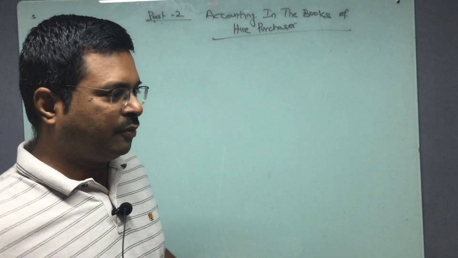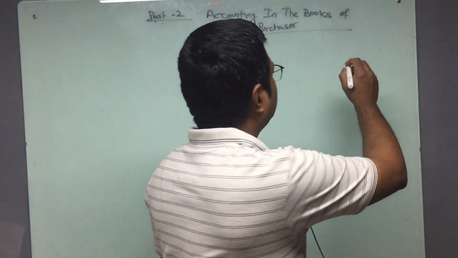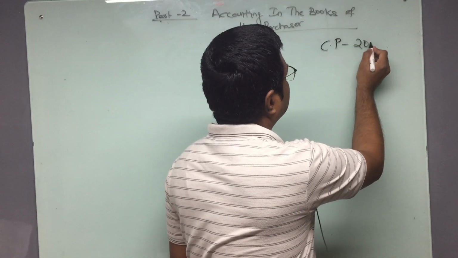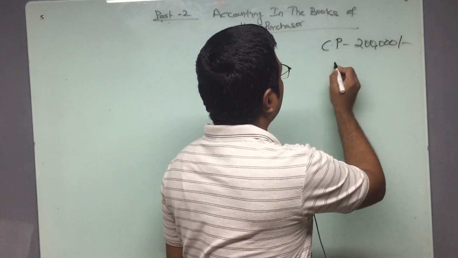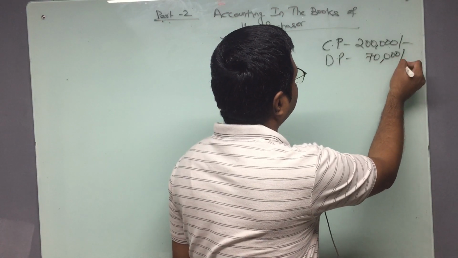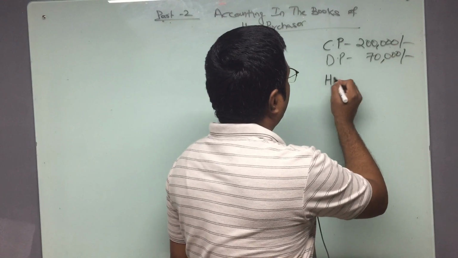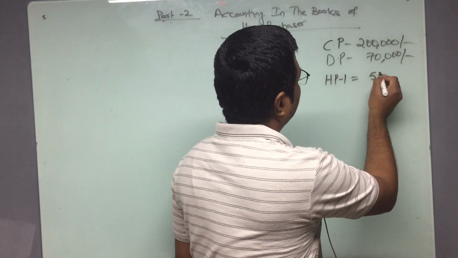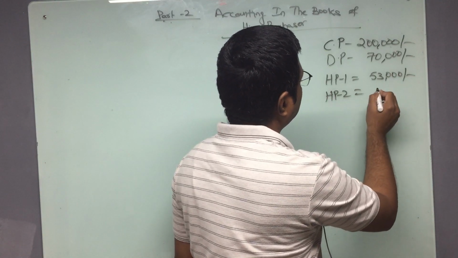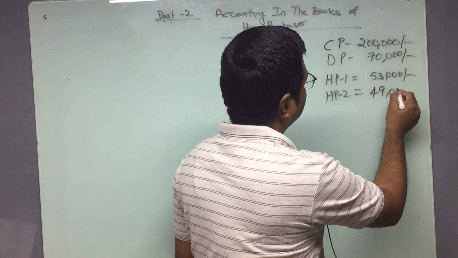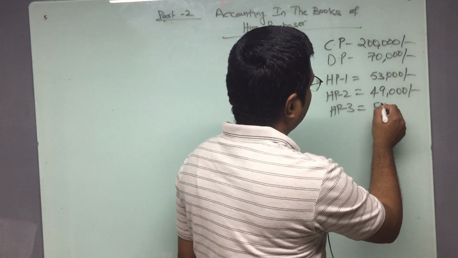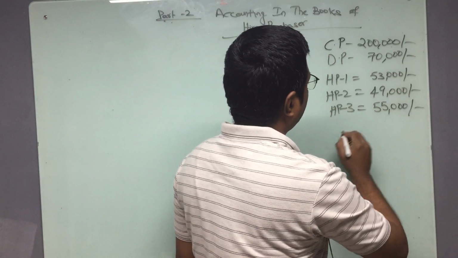So if you recap our example, cash price is 2 lakhs, down payment is 70,000, hire purchase installment 1 is 53,000, installment 2 is 49,000, installment 3 is 55,000.